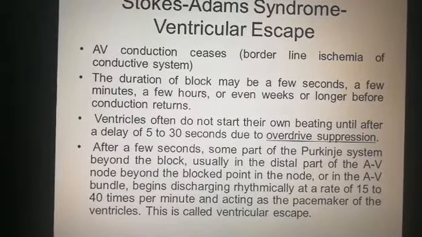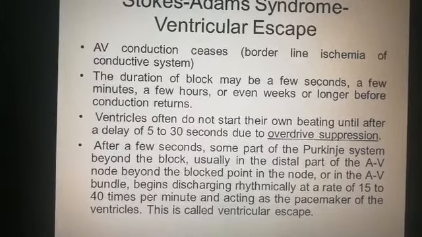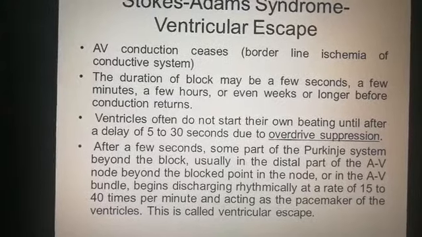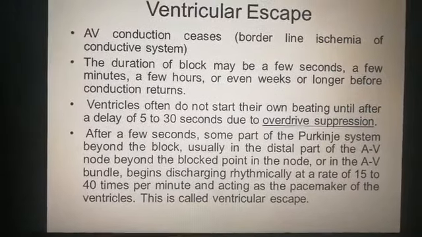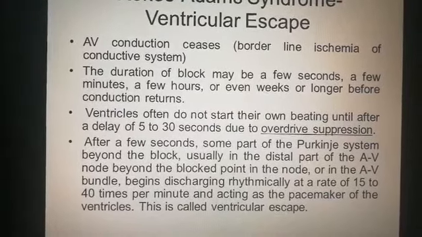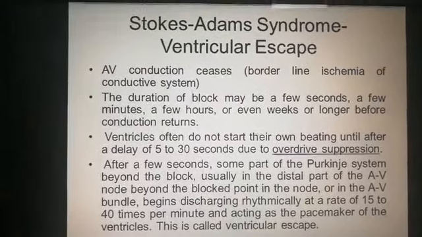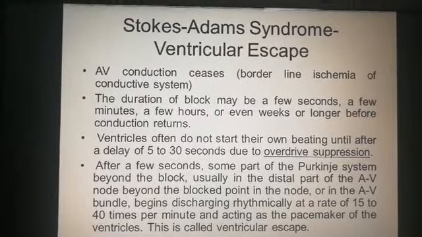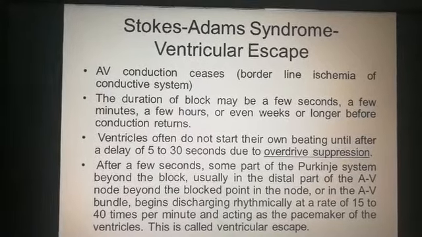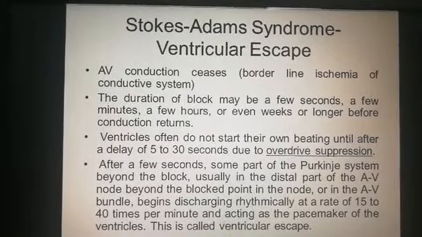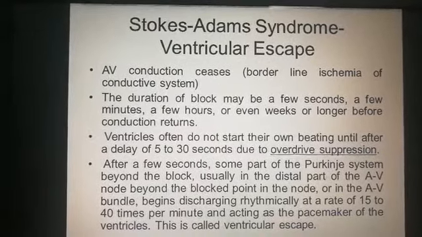After a few seconds, some part in the Purkinje system beyond the block, usually in the distal part of the AV node beyond the block point in the node or in the AV bundle, begins discharging rhythmically at a rate of 15 to 40 times per minute and acts as a pacemaker of the ventricle. This is called ventricular escape.